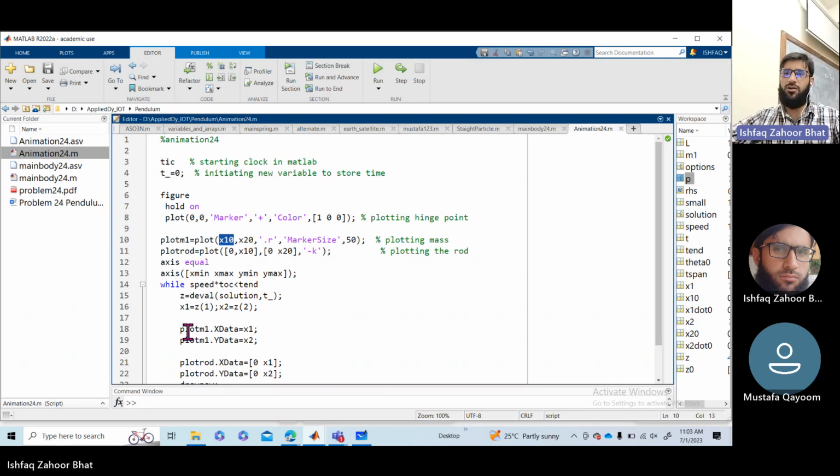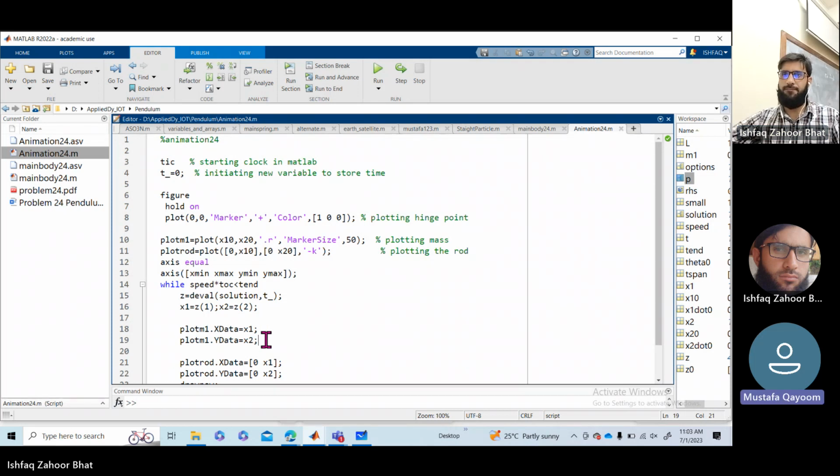So I am writing plotM1.XData, which is known as the handle for this plot, and it will update its x coordinate. So I use plotM1.XData equal to x1, that is, update this x coordinate and equate it to the x1 value. Similarly, plotM1.YData equal to x2. Is it clear?